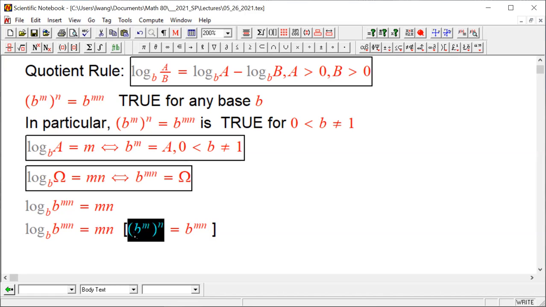So I'm going to take this guy to replace this guy because they're the same. It's just a simple replacement.